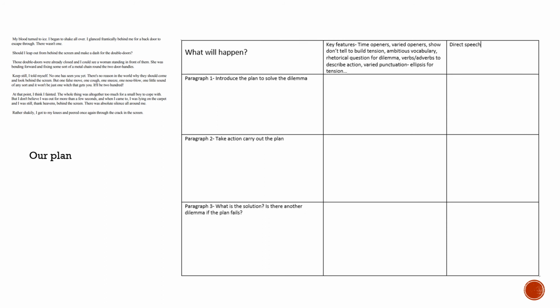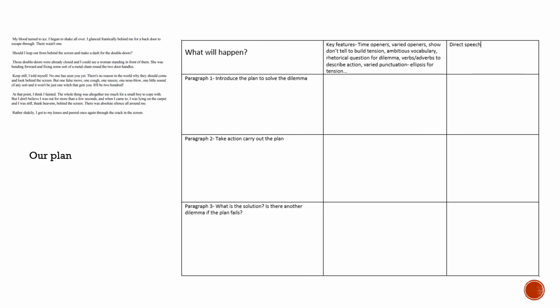Varied punctuation, so if someone's making an exclamation, really put that exclamation mark on there so the character really comes to life, so we can tell how they're feeling. The punctuation can really help this. And ellipsis for tension, we're already really good at this, and we always say duh, duh, duh in school. If you could use those, that would be absolutely fantastic. Now, as we practiced in our SPAG lesson earlier in the week, some direct speech would be great to have in there.